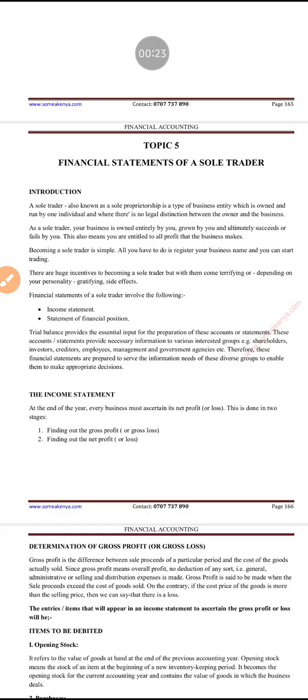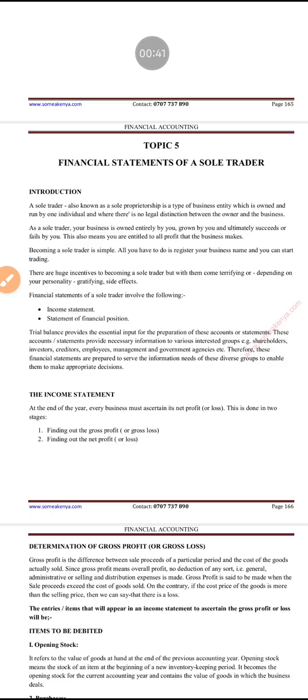Introduction: a sole trader, also known as a sole proprietorship, is a type of business entity which is owned and run by an individual, and where there is no legal distinction between the owner and the business.